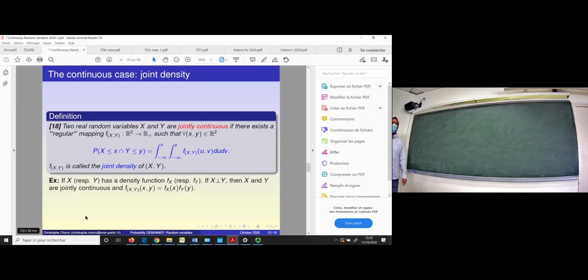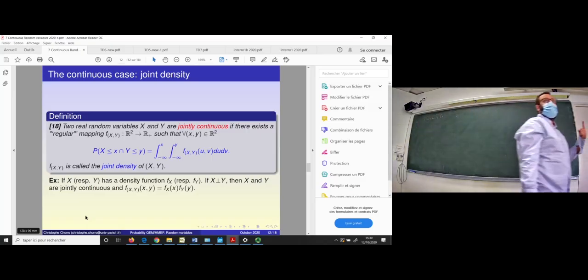Suppose that I am in the following situation. I suppose three things. That X has a density that is denoted by F capital X, density in the previous sense, for a single random variable.